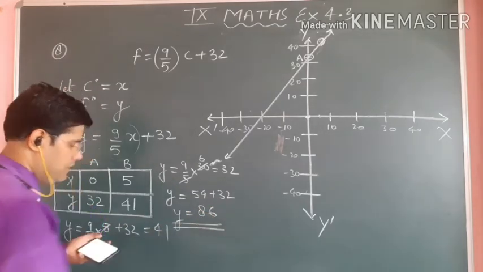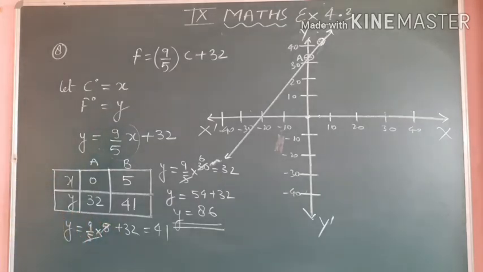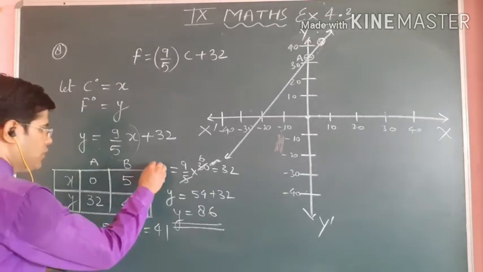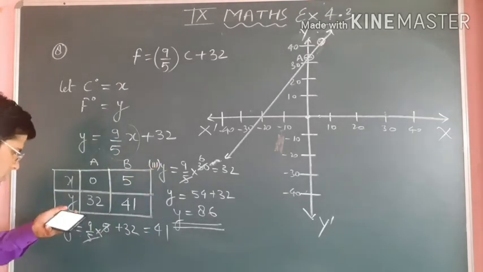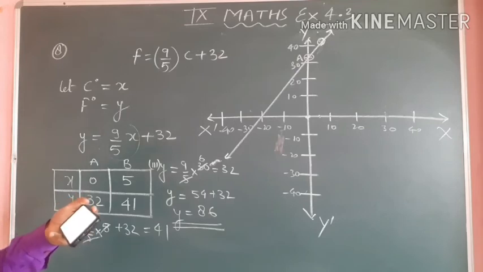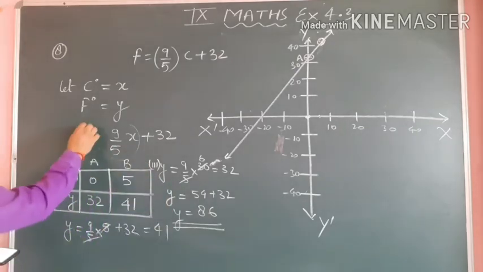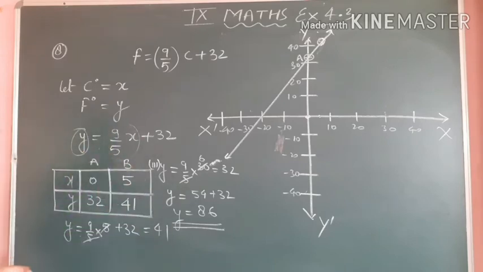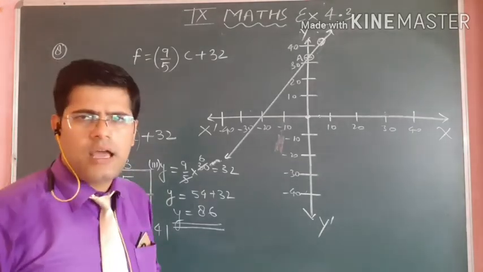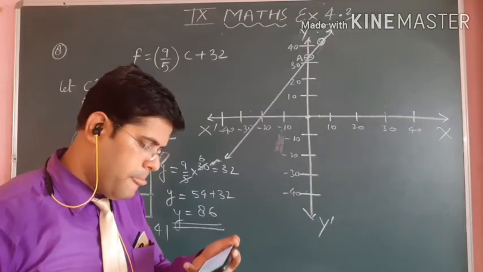So Fahrenheit will be 86 degrees. Now for 95 Fahrenheit, you can do that on your own. Put 95 in the place of y, transpose all the things and solve it. It is very simple. You can do the remaining sums on your own.